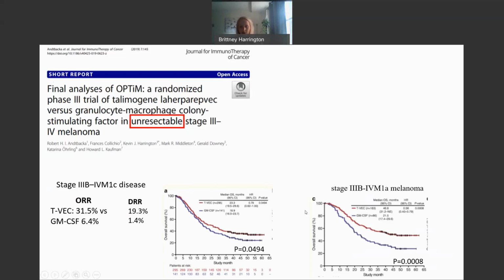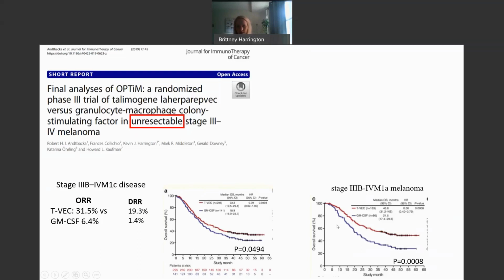When they looked at just the stage 3B to stage 4A, essentially, so this is stage 4C, that's, I guess, the worst. 4A is slightly better.